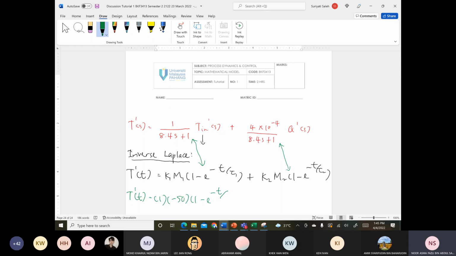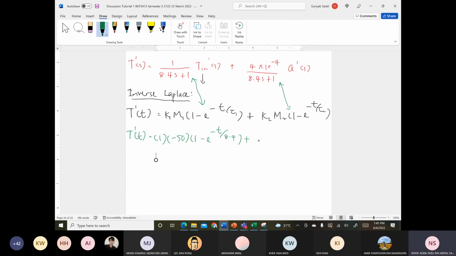Tau 1 is 8.4. Plus K2. K2 is 4 times 10 to the negative 4.